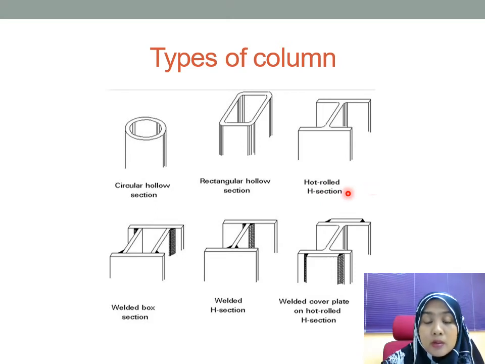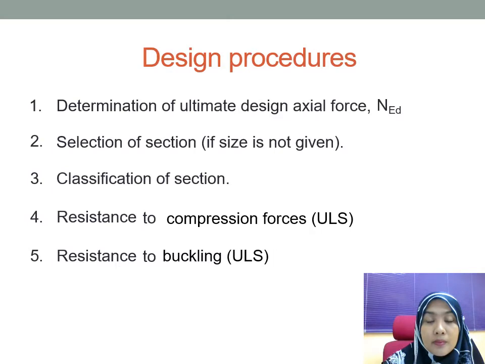For your syllabus, we are going to cover the design checking of H columns. Here is the design procedure. For today's lecture, we are going to cover steps 1, 2, and 3.